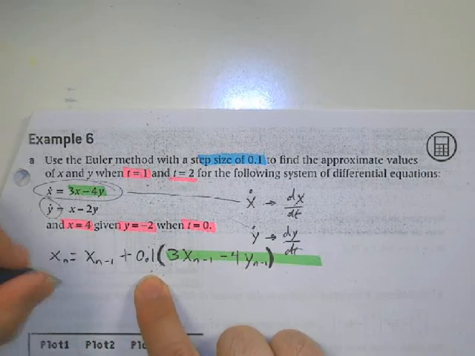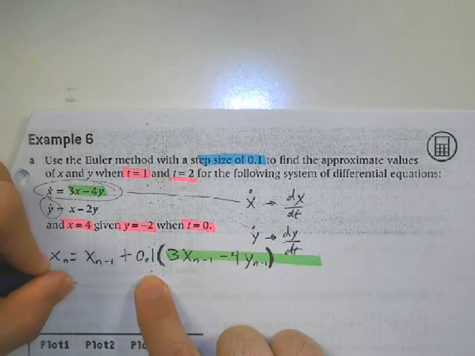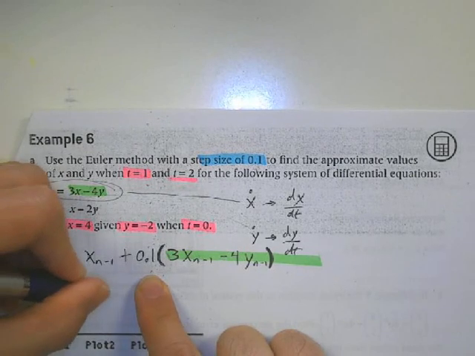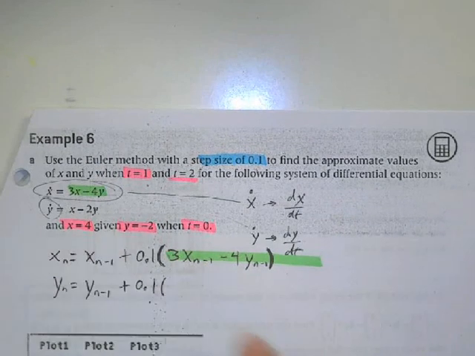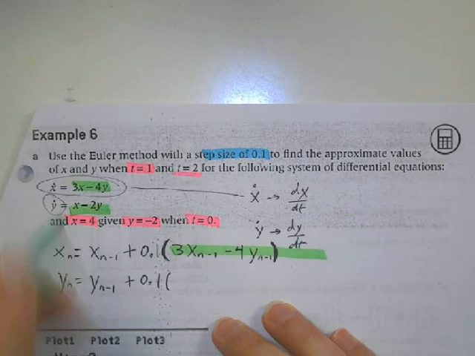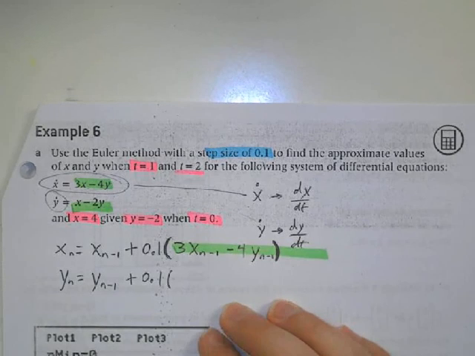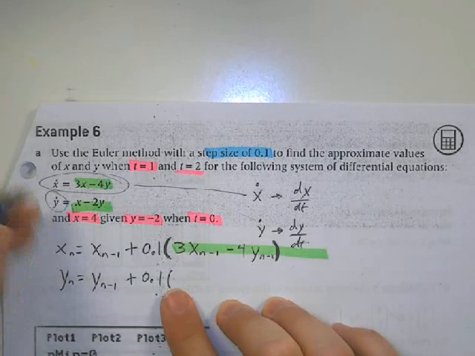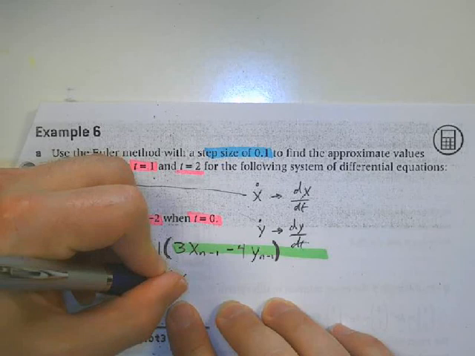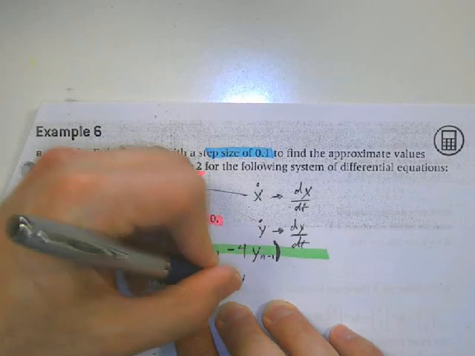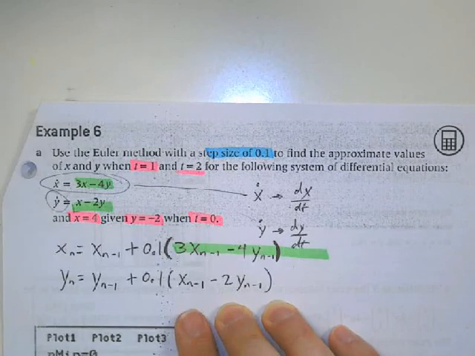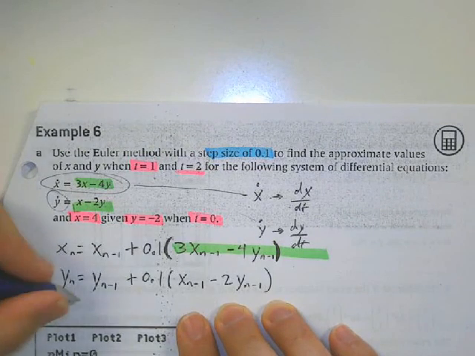y subscript n equals y subscript n minus 1 plus 0.1 times, and then this part right here goes into the calculator. It becomes x subscript n minus 1 minus 2 times y subscript n minus 1, and then we've got the t.